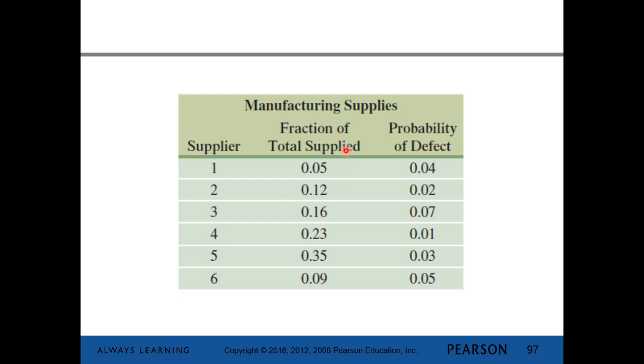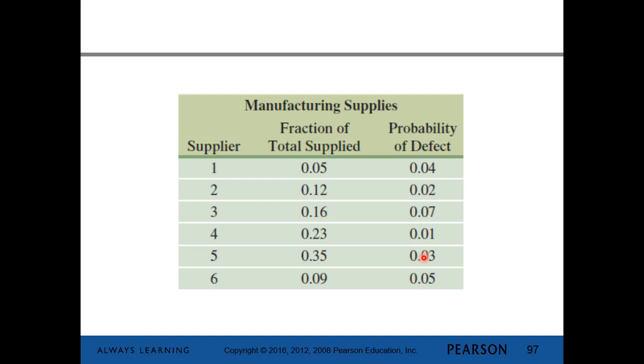These are the probabilities that the items come from these suppliers, and this is the probability of being defective given that it came from this supplier. So the probability of being defective and from the supplier is going to be this times this.